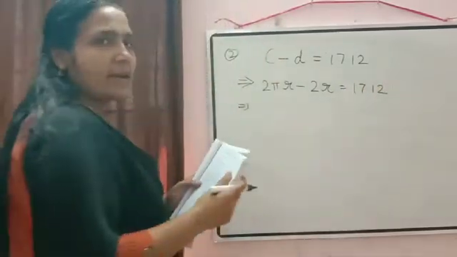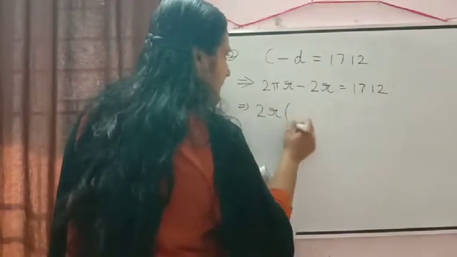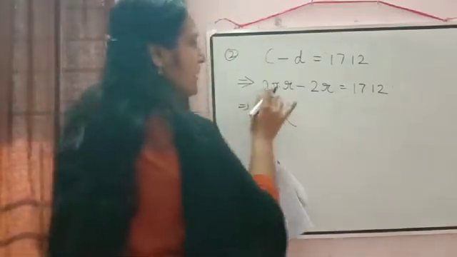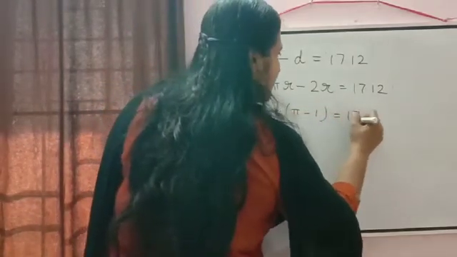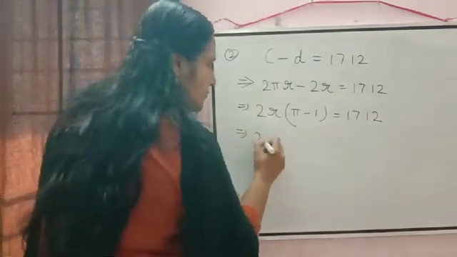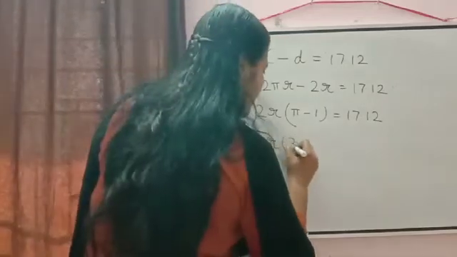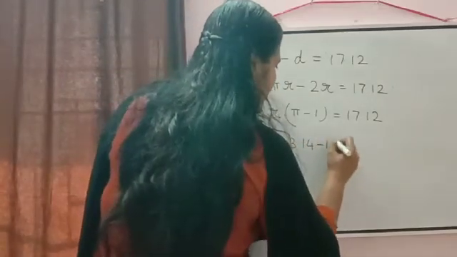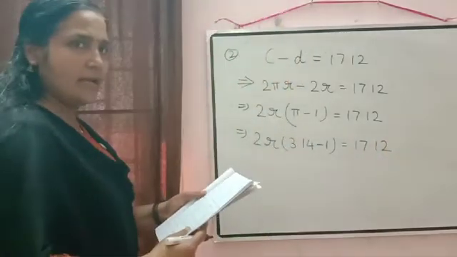What is the common factor here? 2r is common, so taken outside. Inside the bracket what will come? Here pi is remaining and minus 1 is remaining. So 2r into pi minus 1 is equal to 17.12. Now substitute pi is equal to 3.14. 2r into 3.14 minus 1 is equal to 17.12.